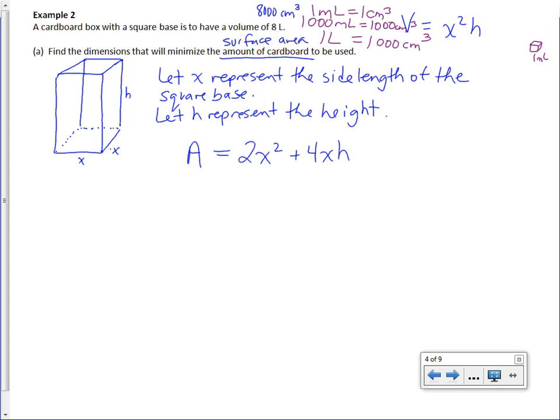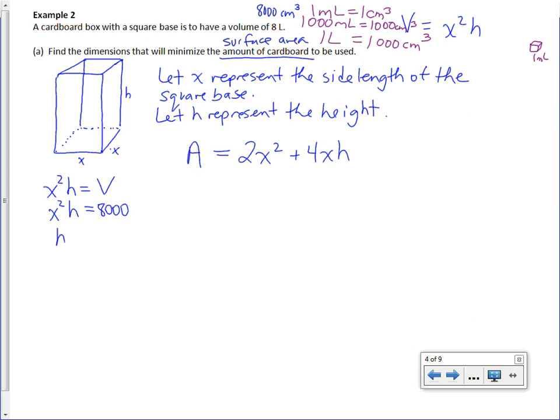So that's going to be helpful based on that first thing I said, where the idea is I want to be able to replace H with something. I need to use a known relationship. Does everyone see that the known relationship is the volume to the dimension? So x squared H is equal to the volume. So x squared H equals 8,000 centimeters cubed.